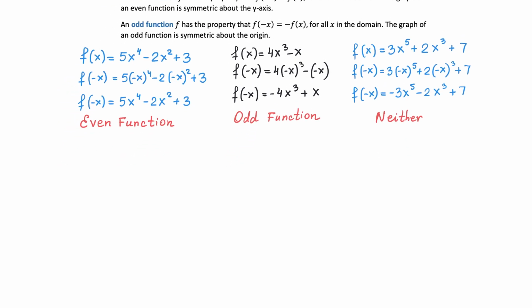Now we will do a few exercises from the textbook. In exercise 71, page 11, we are given the function f of x equals x to the power of 4 plus 5x squared minus 12. We have to determine if this equation is symmetric about the x-axis, the y-axis, or the origin. We will start by replacing x with negative x.